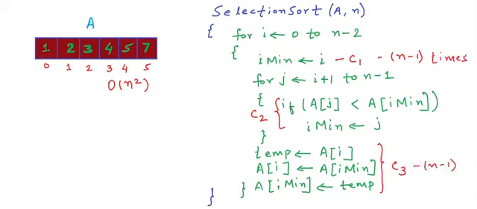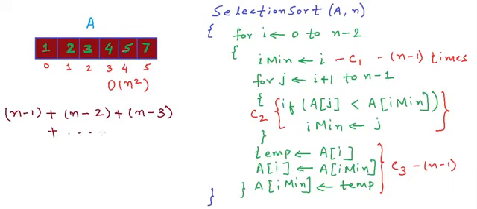This set of 3 lines, if we try to calculate how many times these 2 lines will be executed, it will be n minus 1 for i equal 0, n minus 2 for i equal 1, n minus 3 for i equal 2, and this will be an arithmetic progression. We will go till 1 for i equal n minus 2, and this will be equal to n into n minus 1 upon 2.